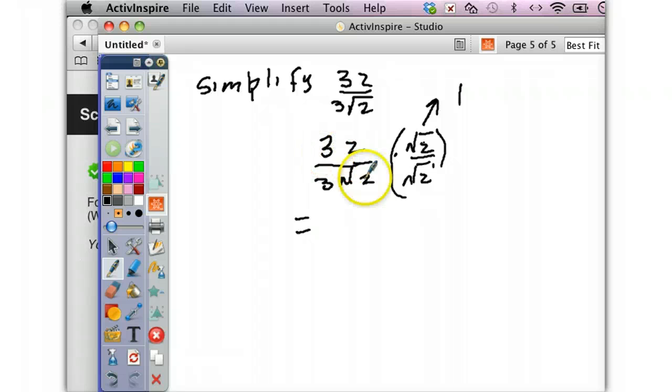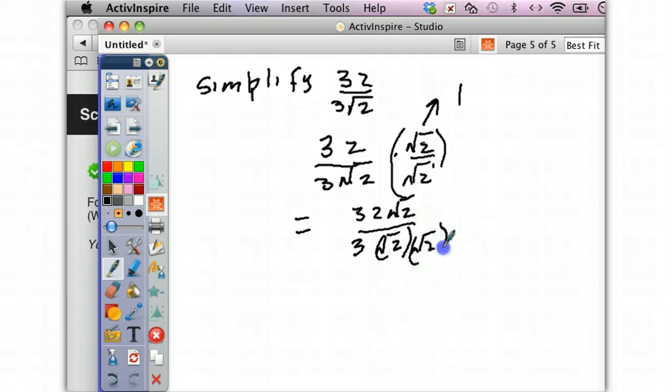So here we go, 32 upstairs times root 2. And downstairs we're going to have 3 square root of 2 times square root of 2. Anybody remember what that is? Square root of 2 times square root of 2 is the same as the square root of 4, which is 2. So here we go, 32 radical 2 over 3 times 2.